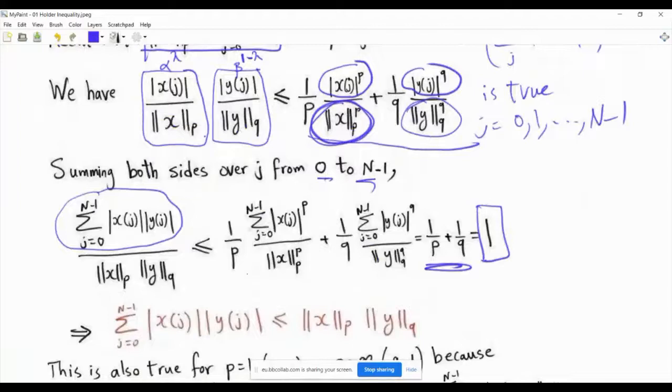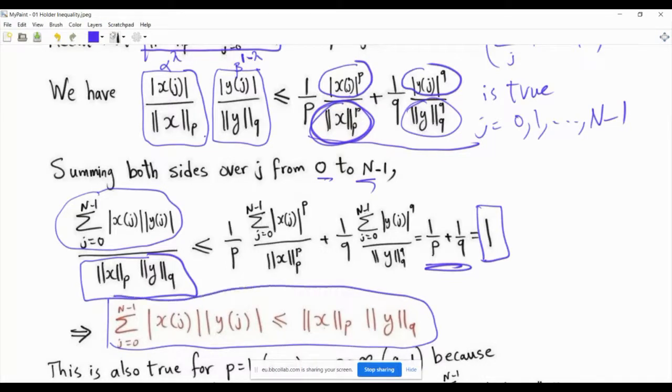Now you can multiply both sides by this quantity here, which is assumed to be positive because we excluded the case that vector x is the all-zero vector or vector y is the all-zero vector, and so this is the inequality that we are after.